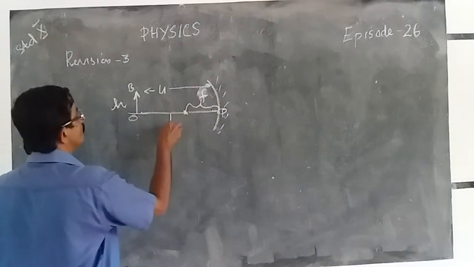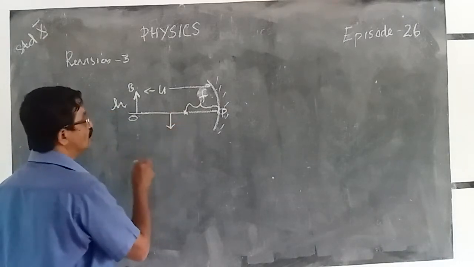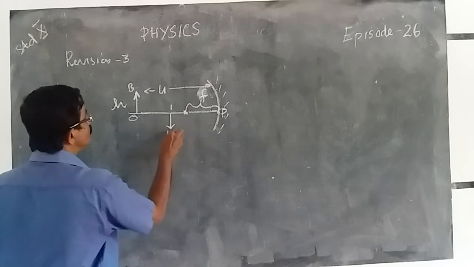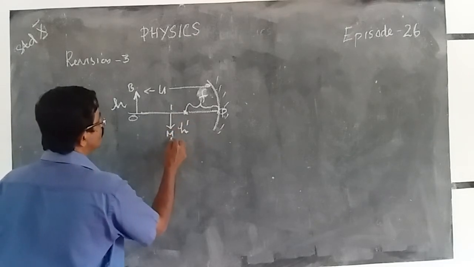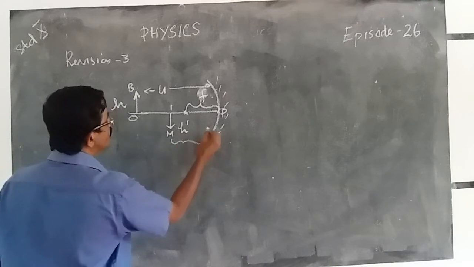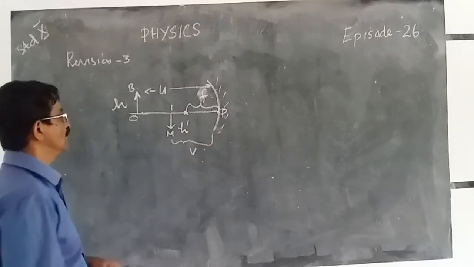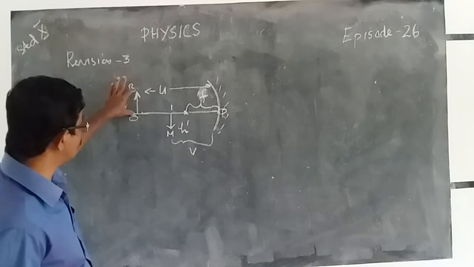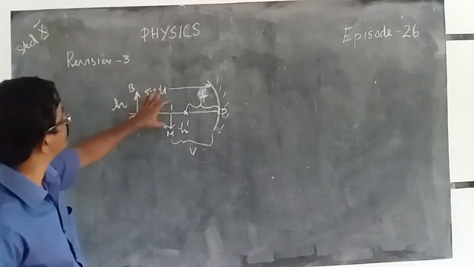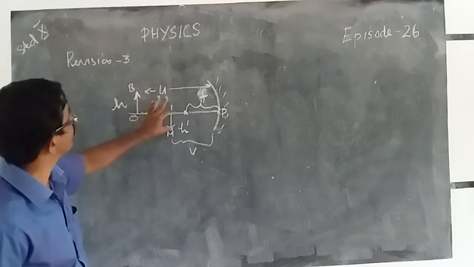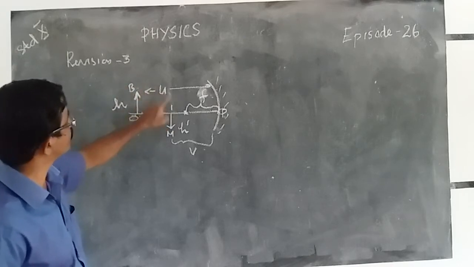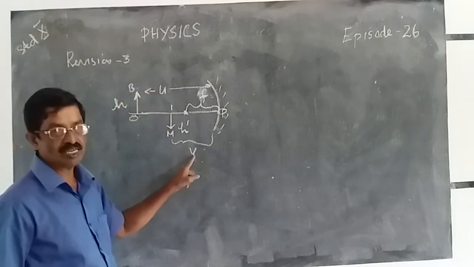And here suppose we got an image I M and its height h dash, and this distance is the image distance v.